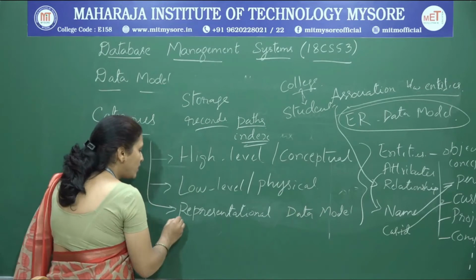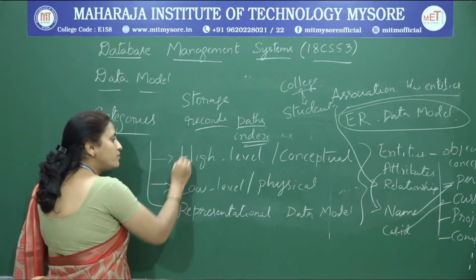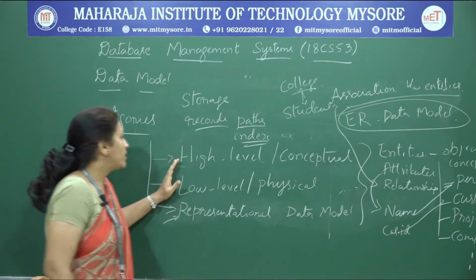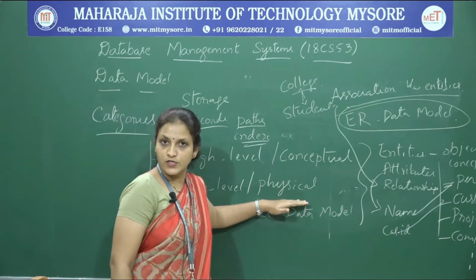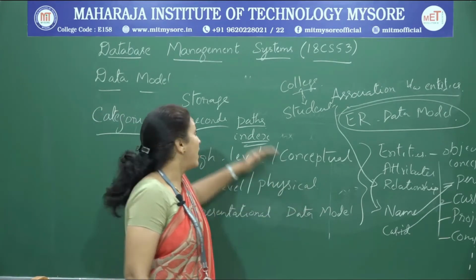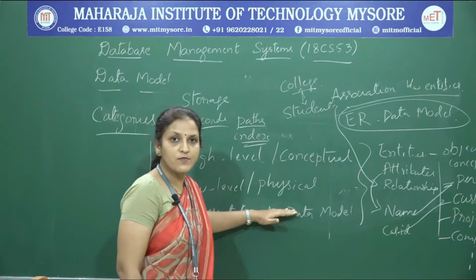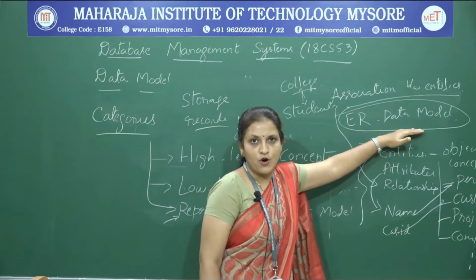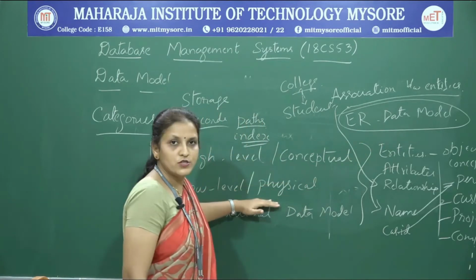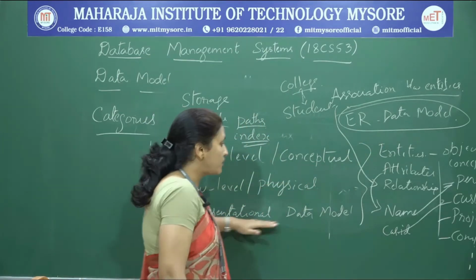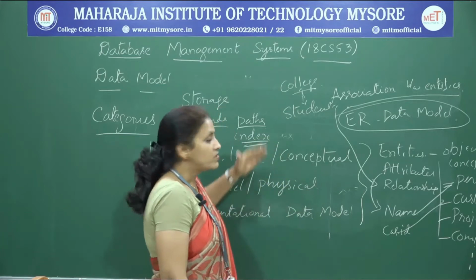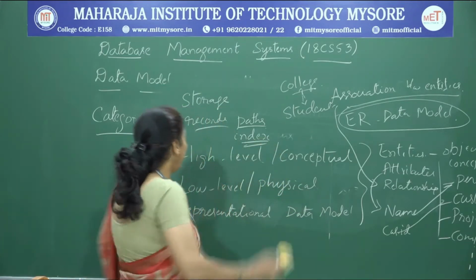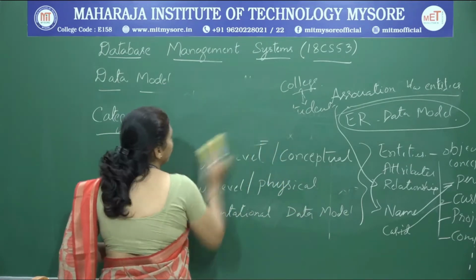Then comes the representational data model, which falls in between these two categories. It does not give too much information about physical aspects, meaning the actual storage details of the database, and it is not superficial like the entity relationship model. It lies in between these two. Okay. In the representational data model, we have several other types.